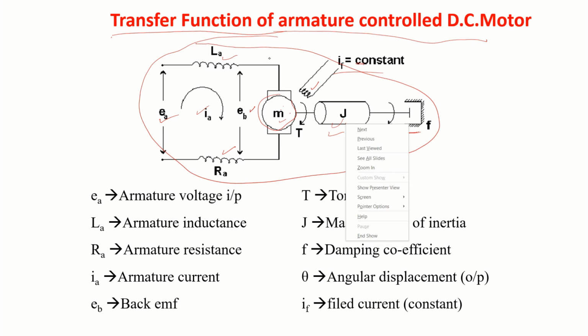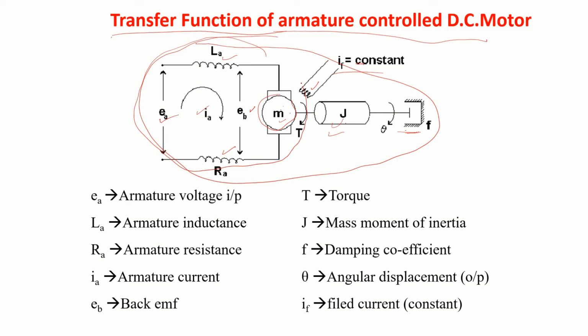Now, to write the differential equation or mathematical model, let us consider the electrical part of the circuit. The input voltage EA must be equal to the voltage drop across the inductance, plus the back EMF, plus the voltage drop across the resistor. So what is this back EMF?